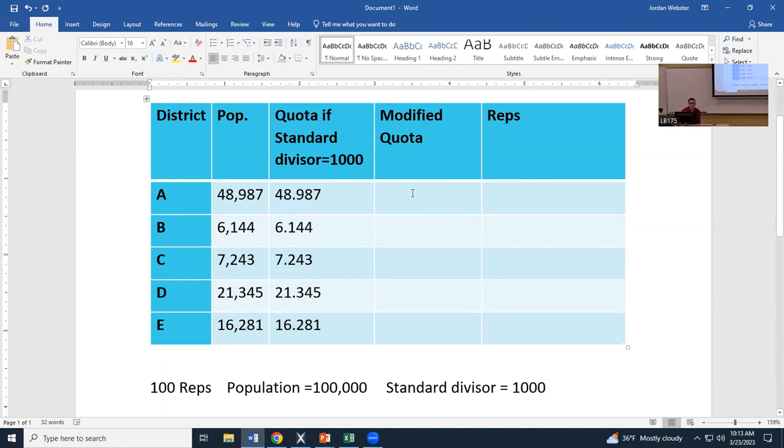Now, let's do Jefferson's method on this. Obviously, we're not going to use the standard divisor, but that's a good place to start, and then we'll start lowering it until we fit. So there's my population.